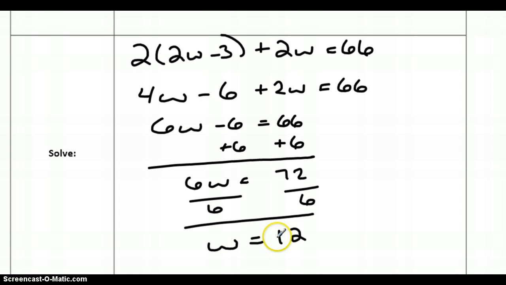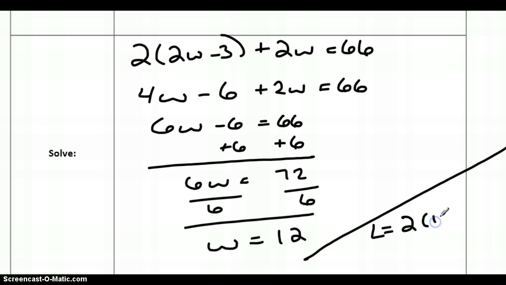Okay, so if my W is 12, I'm half done because I want to find my length and my width. Now I know that my length is equal to 2 times my width minus 3. So my length is 24 minus 3, so 21.